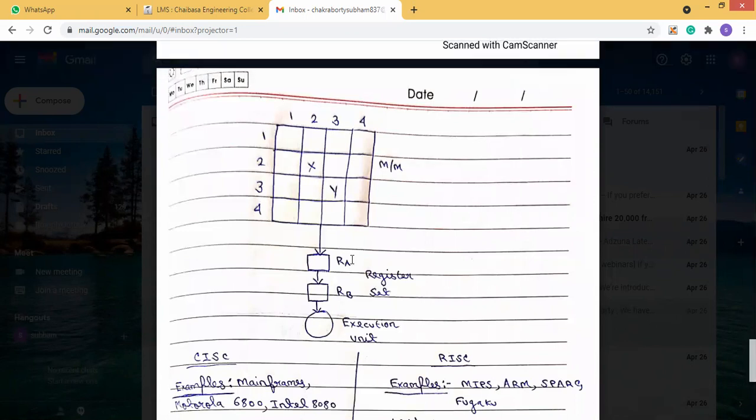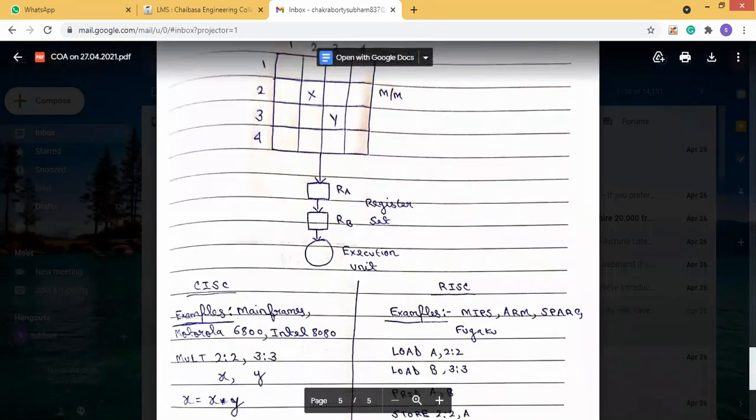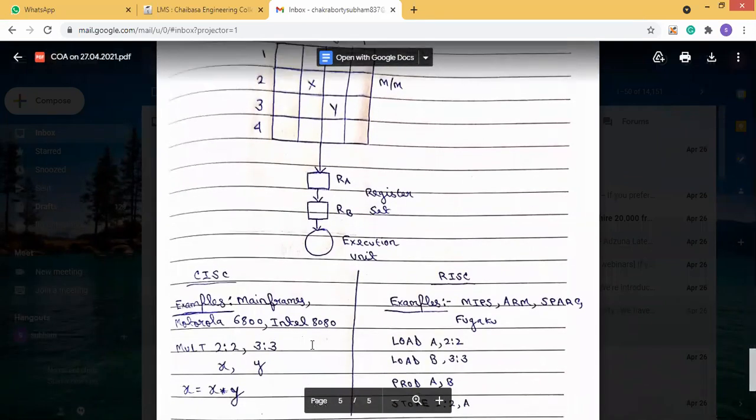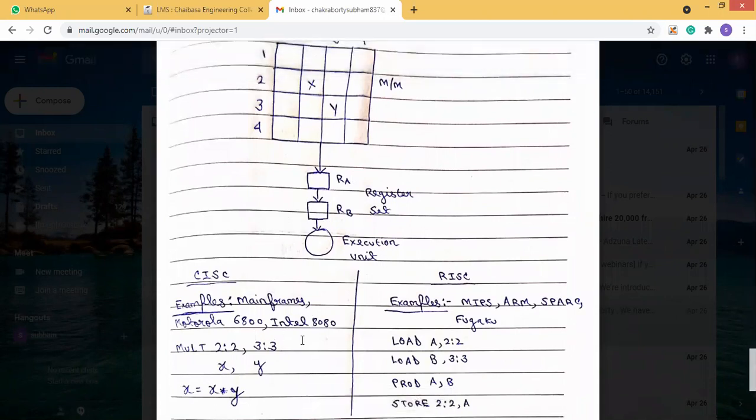So in CISC, if we execute this X and Y, what will be the instruction format? CISC is mainly used for mainframe computers, Motorola 6800, Intel 800. CISC means complex instruction set computer.